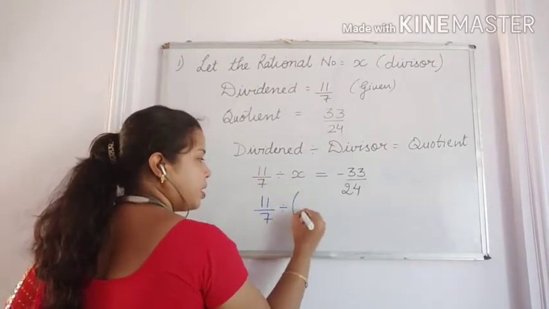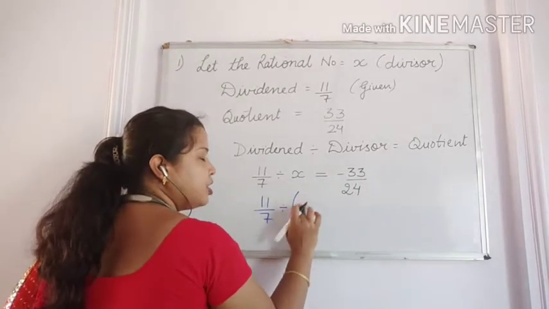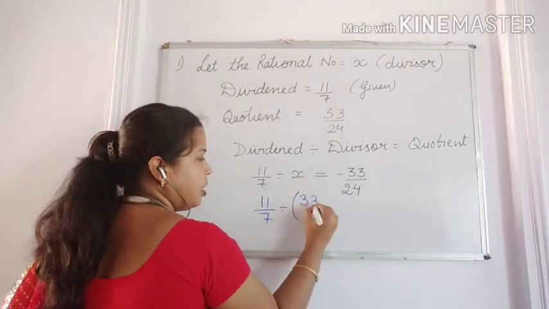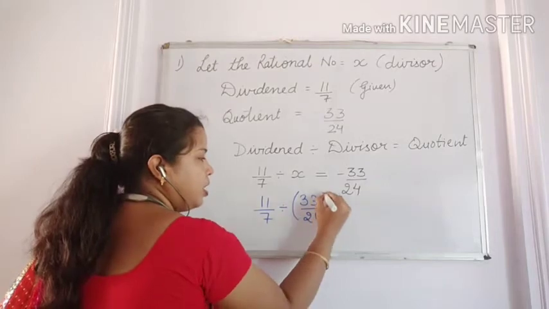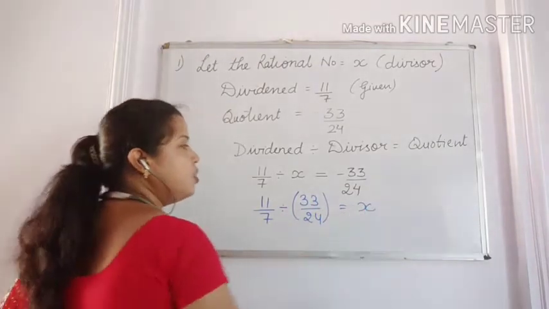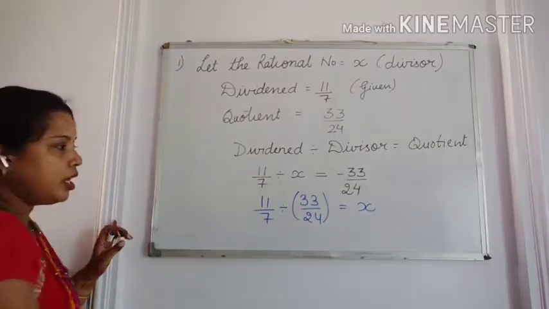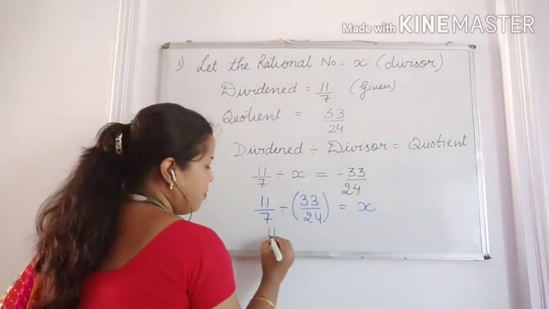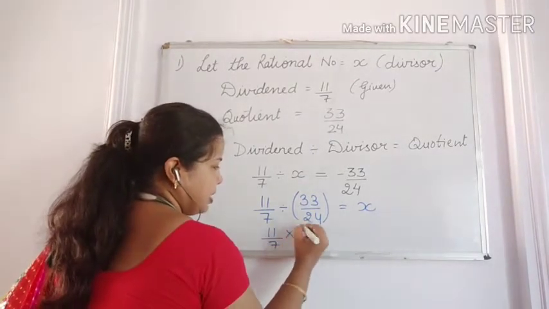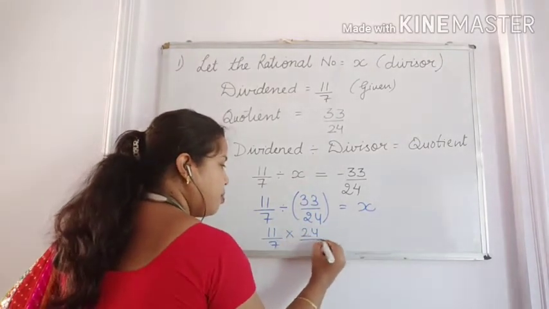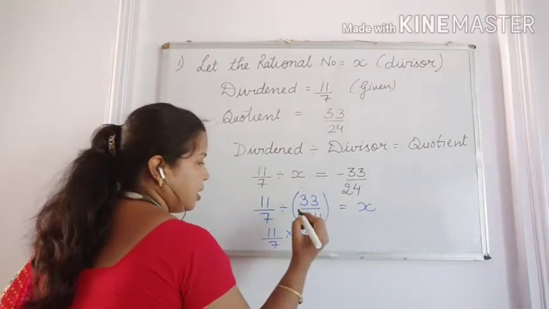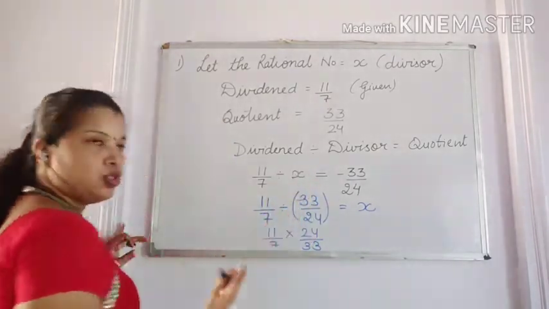So 11 upon 7 divided by minus 33 upon 24 equals x. Minus will convert into plus. Okay, what we will do, 11 upon 7 multiply 24 upon 33. The minus sign you can keep as it is, don't change right now.